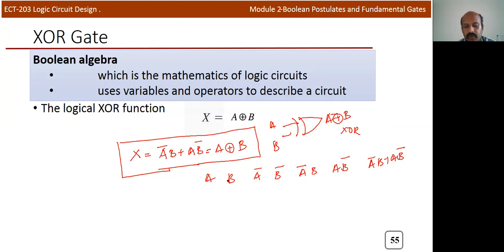So in this way you can prove, and later we will discuss how we can prove all these things. This is a key point you need to remember. This definition: A bar B plus A B bar, which is equivalent to A XOR B. When we discuss further, this relationship is very important. So study this result carefully.